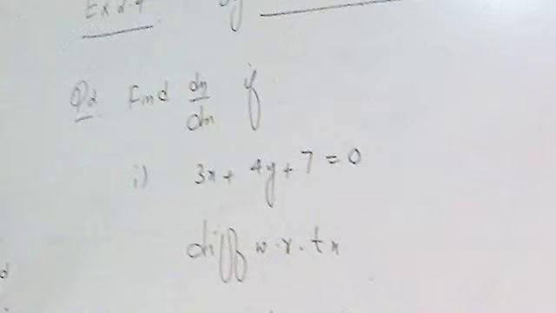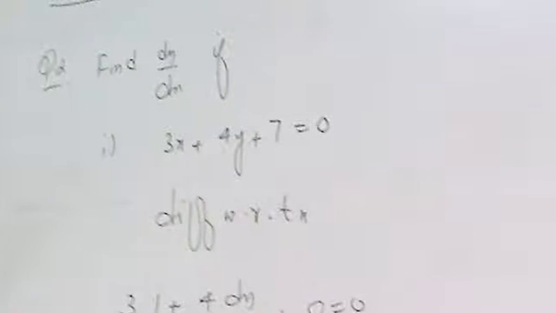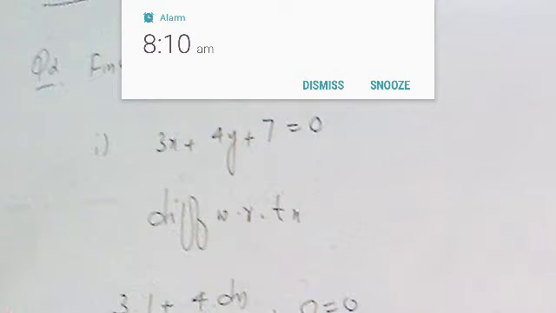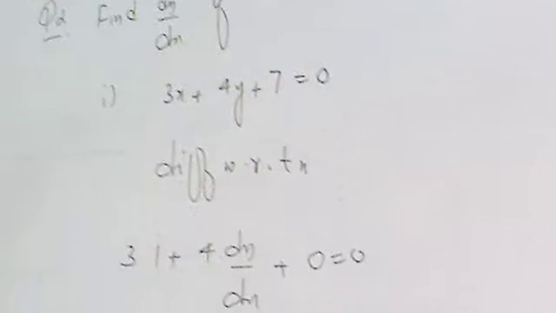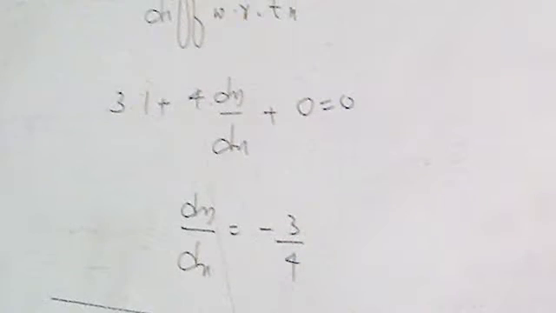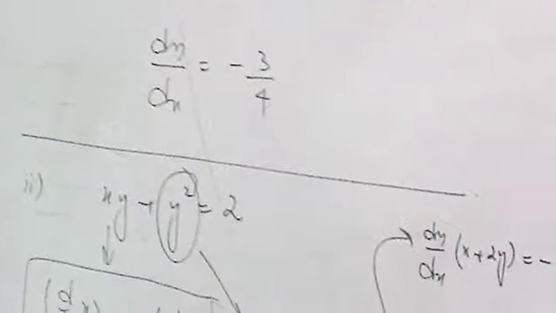Now in question number 2 we have a mixed form, implicit differentiation: 3x plus 4y plus 7. Now the derivative of x is 1, the derivative of y is dy by dx, and the derivative of 7 is 0. We move 3 to the other side and divide by 4, and this comes to minus 3 by 4.